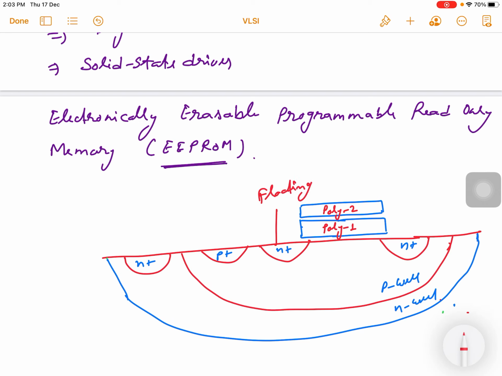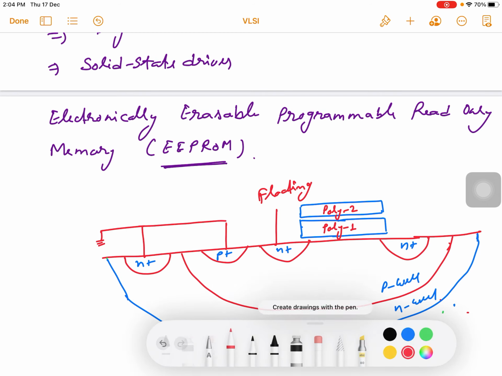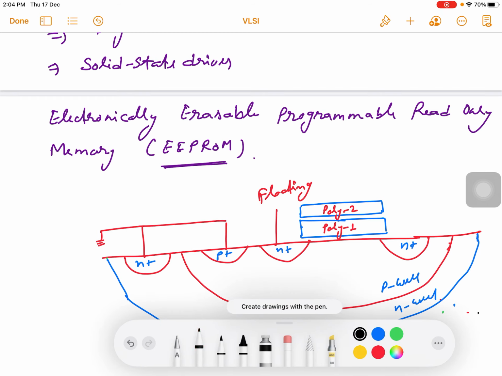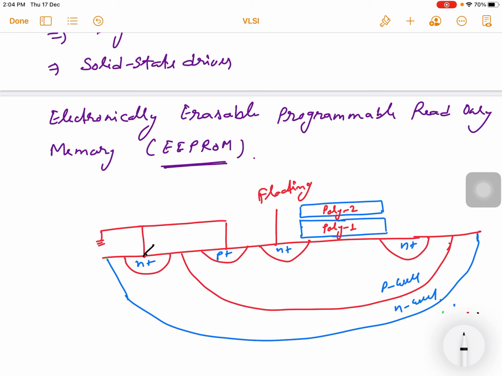Floating here, these two are connected and this is connected with ground. These two are your well contact.